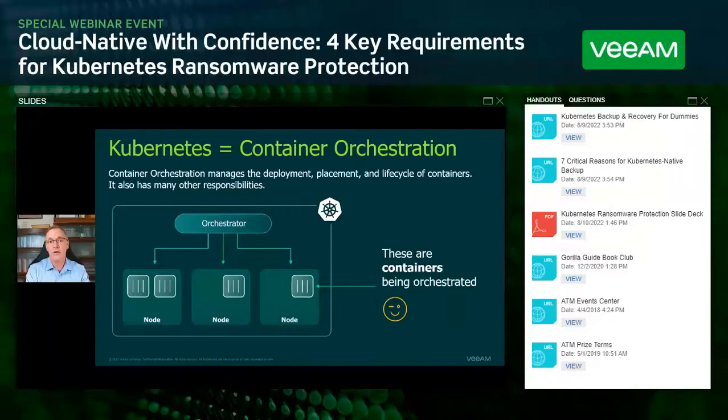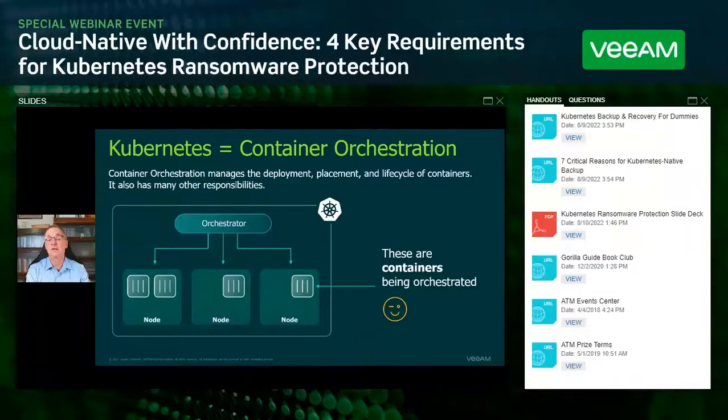Just like I use vCenter if I have a VMware environment to handle the provisioning of all kinds of resources to my virtual machines, to handle security, to handle what my policies are around failover and resiliency and redundancy and replication in the environment. Kubernetes performs all those functions, but it performs them for containers.